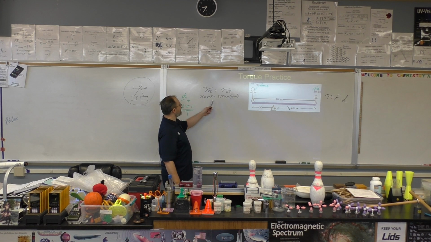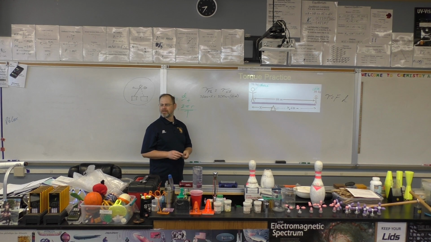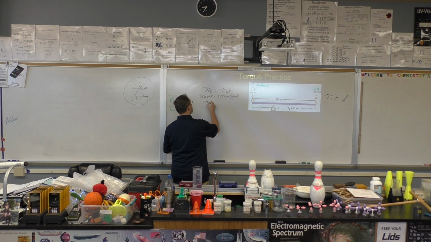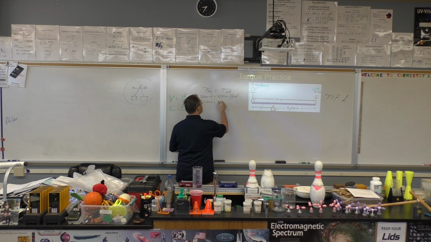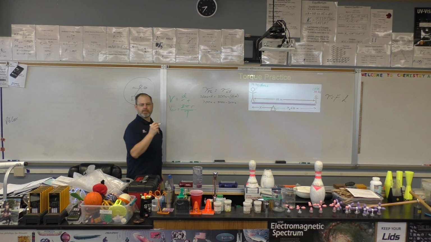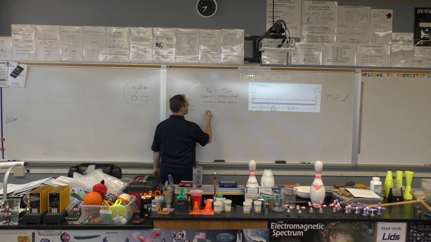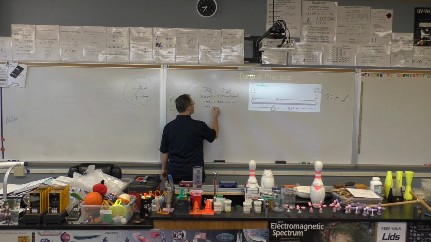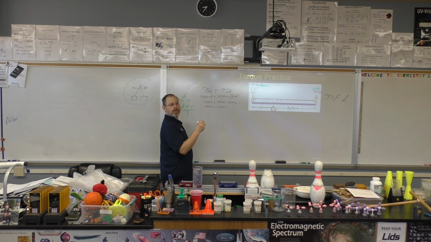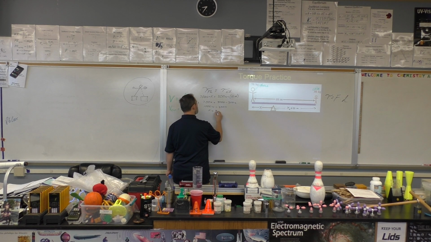So 700 newtons times x equals 300 newtons times 10 minus x. So that's 700x equals 3,000 minus 300x. If I add both sides, this is 1,000x equals 3,000. So that means x equals 3 meters.